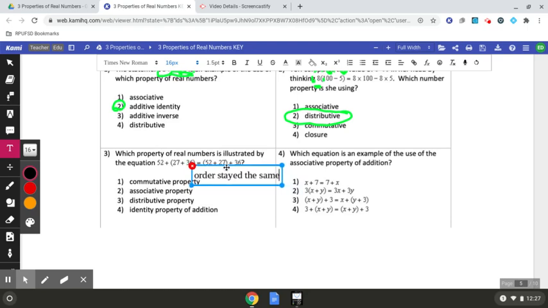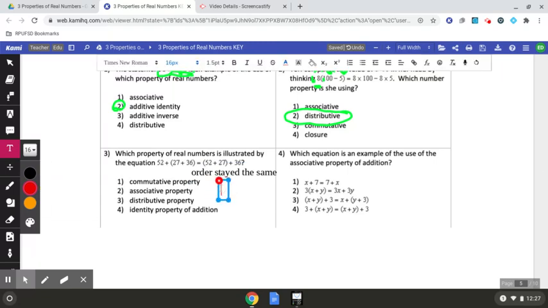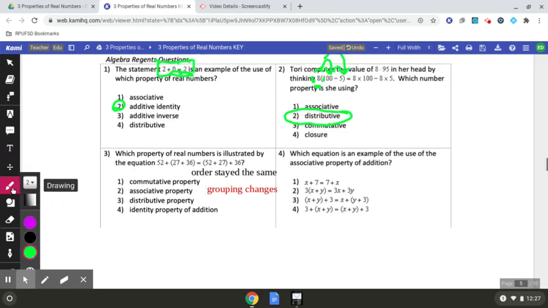And what happened is that the parentheses shifted or the group changed. So if my grouping changes, the property being used is my associative property. Who they're associating with, remember the group of friends, is what's changing.